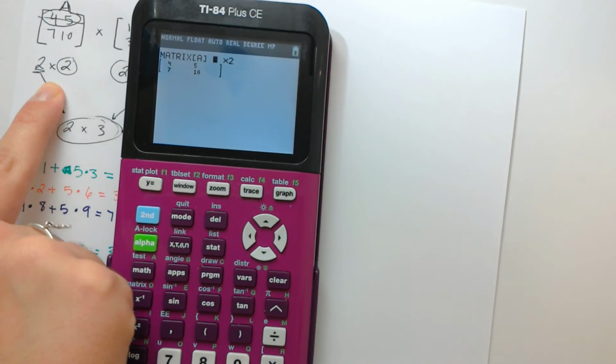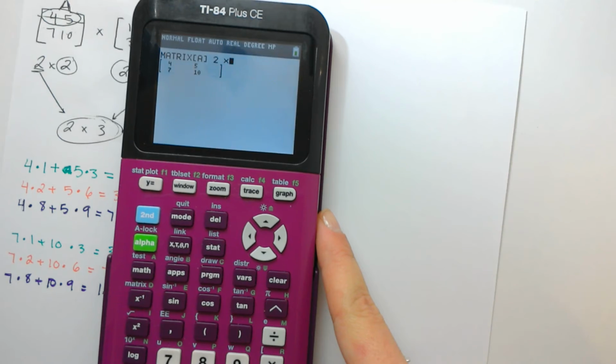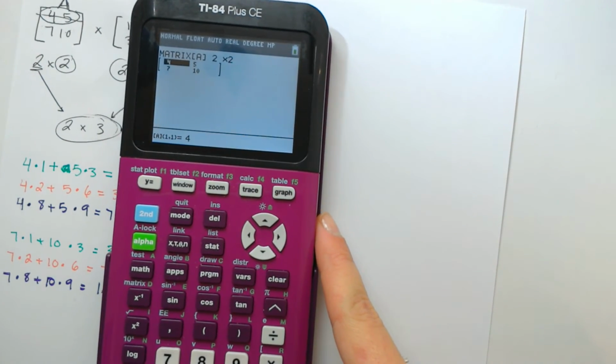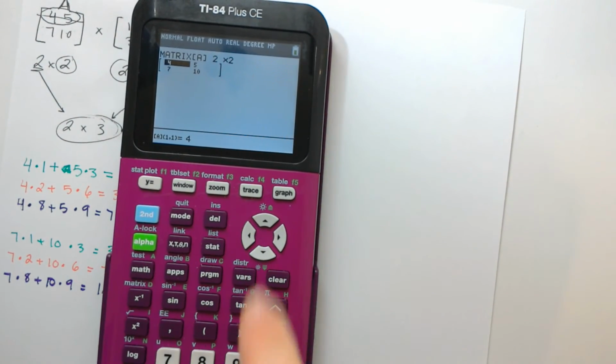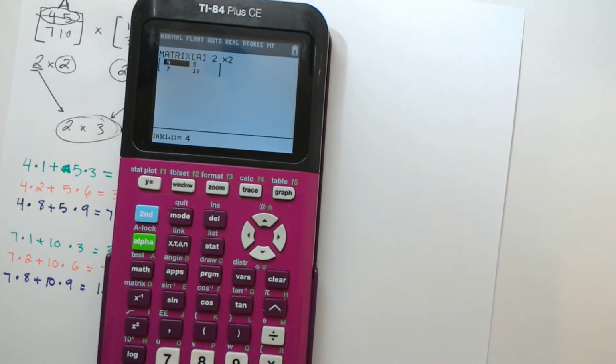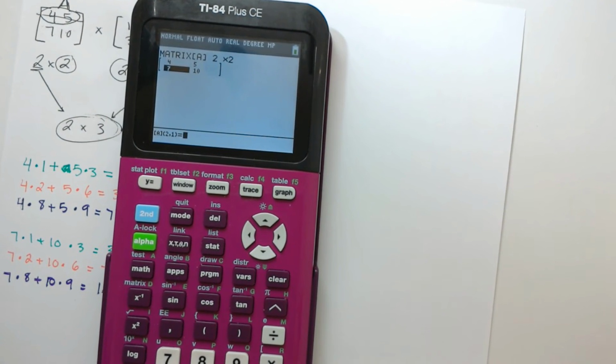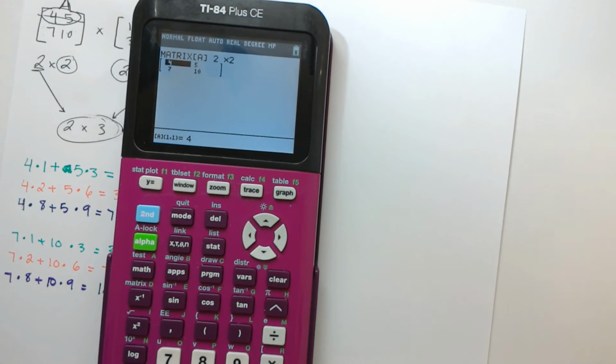First you find its dimensions. It's 2 by 2. So you hit 2, enter, 2, enter, and then you start filling in the values, going from left to right and then down. So you have 4, enter, 5, enter, 7, enter, 10, enter.